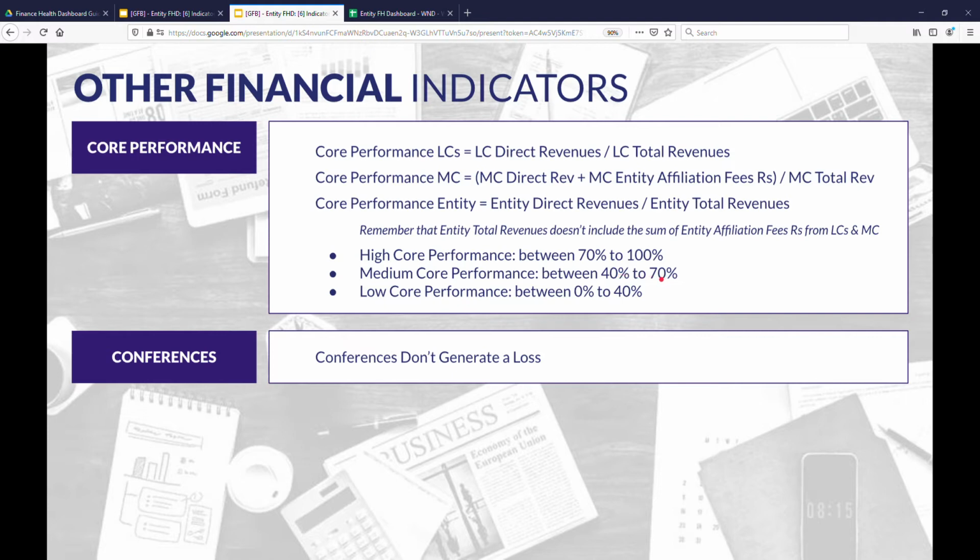That means the exchange or core revenue relative to non-core revenue is relatively the same. Meanwhile, low core performance is between 0 to 40. That means the majority of your revenue source is actually coming from non-exchange.